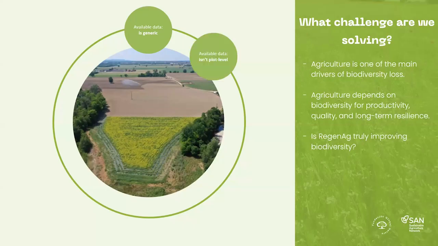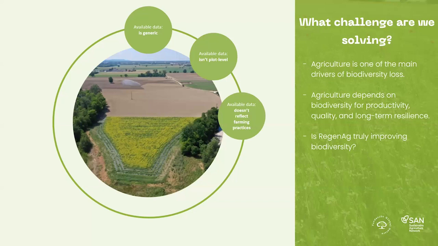The data available isn't at plot level, so we are looking always at the landscape, and when we have agricultural plots scattered throughout the territory, it is very difficult to ensure that the biodiversity gains or losses that we are measuring are due to the interventions taking place in our plots. They might be other features or circumstances at the landscape level.